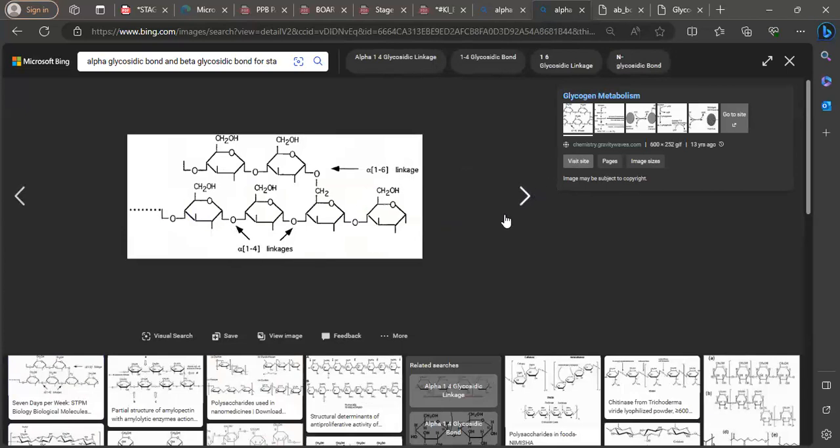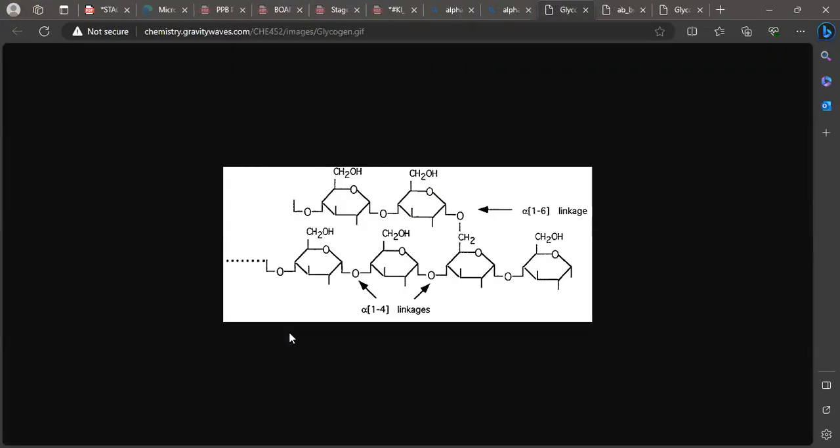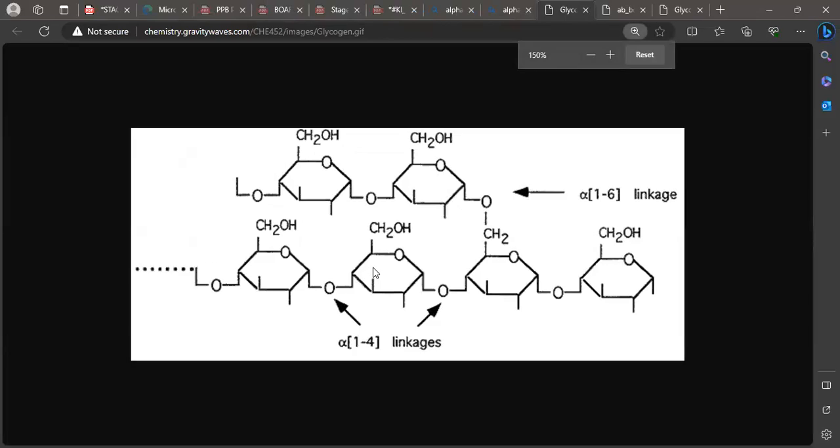Yeah, this one. You can see for the continuous chain it is 1,4, but the branching is occurring at 1,6. Yeah, true.